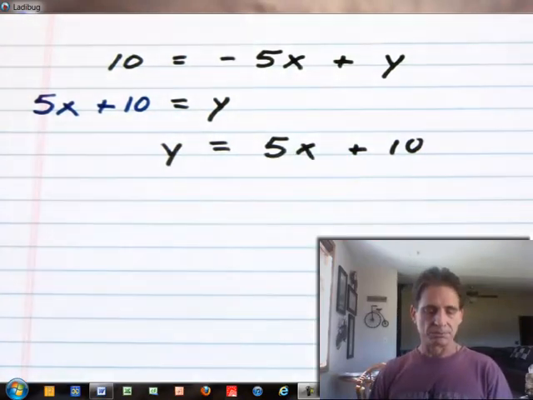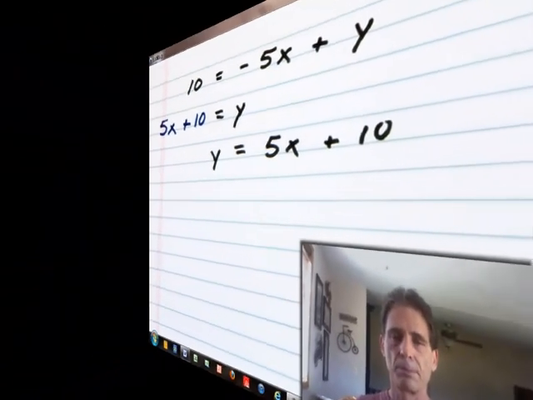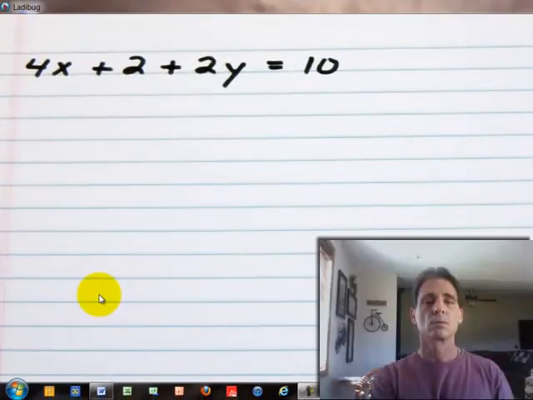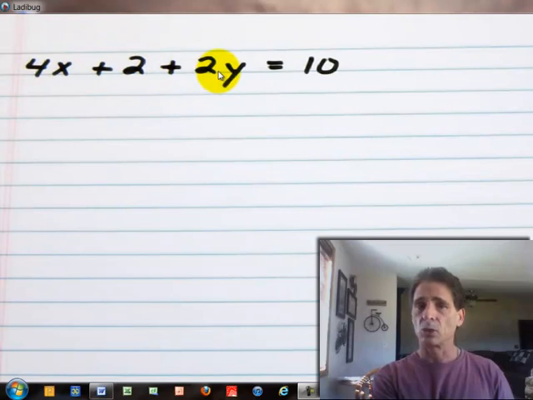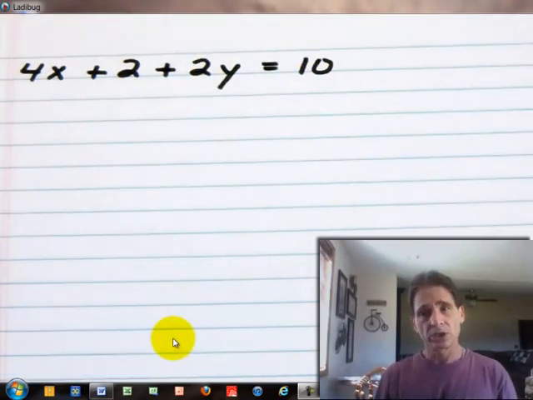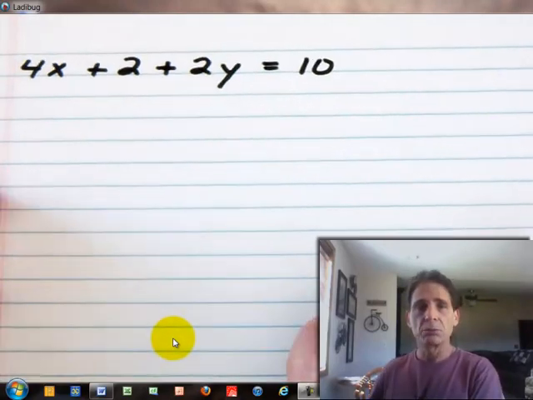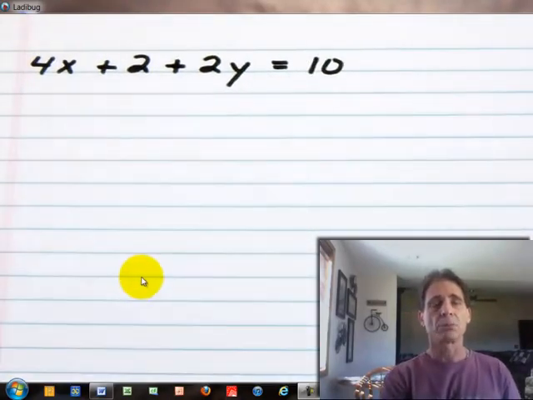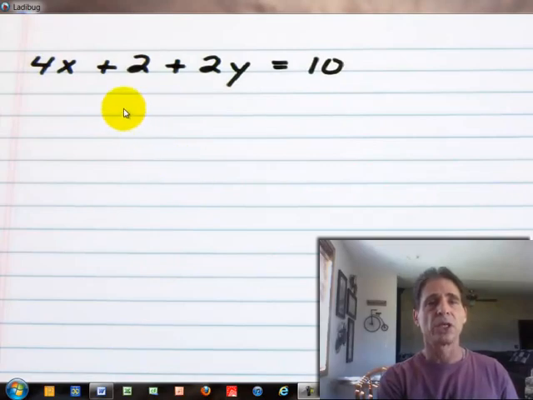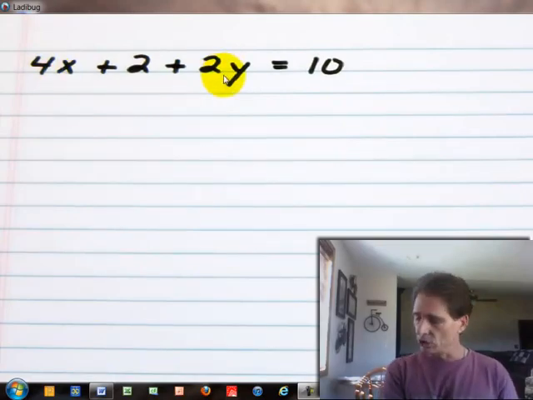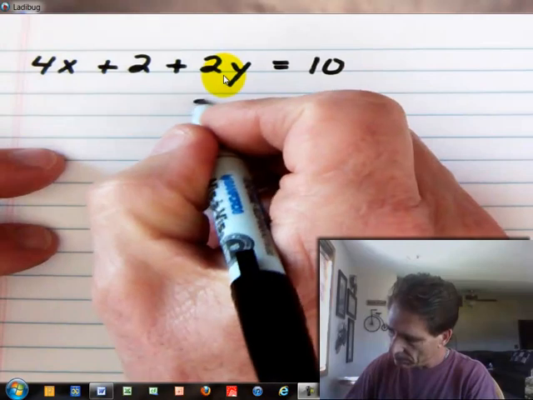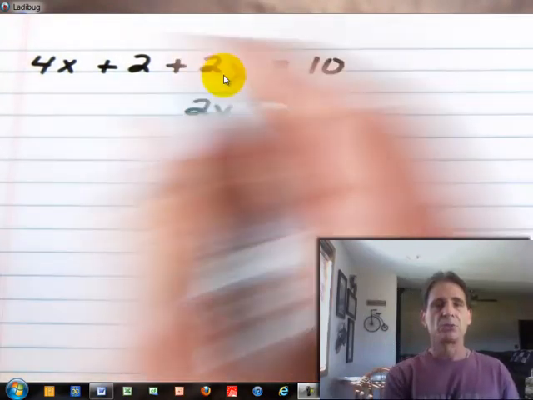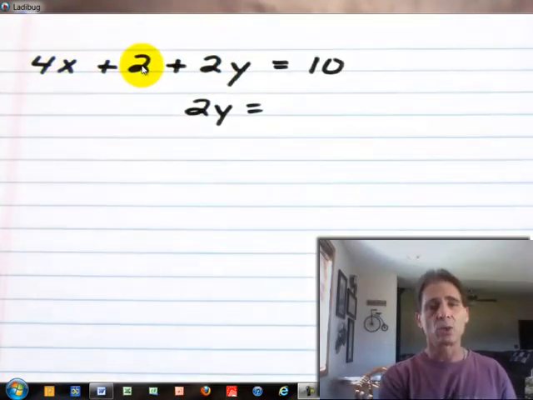Let's work another problem. This equation has quite a bit going on here. We have 4x plus 2 plus 2y equals 10. But really, when we're writing equations in y equals form, the only thing you have to remember is I can move terms to the opposite side with the opposite operation. In other words, now I'm going to want 2y equals, and I need to move these two out of the way.